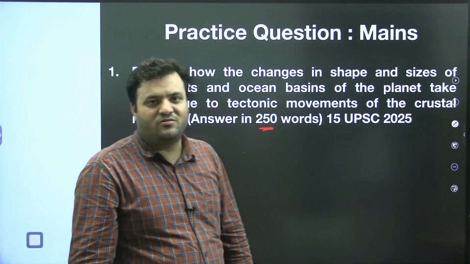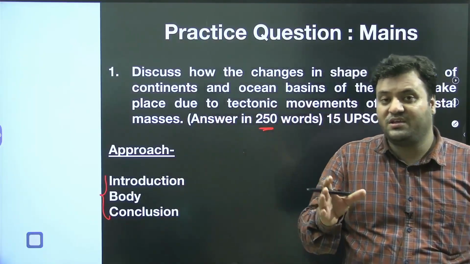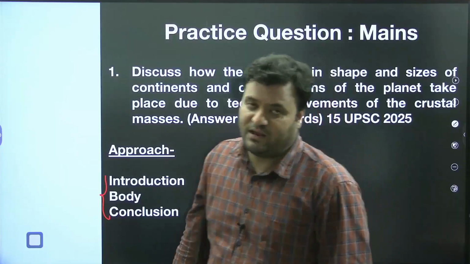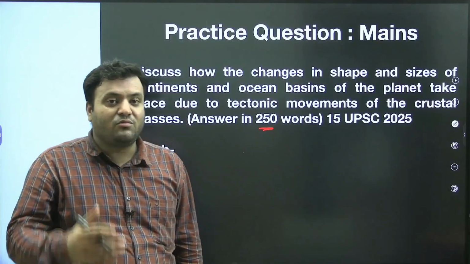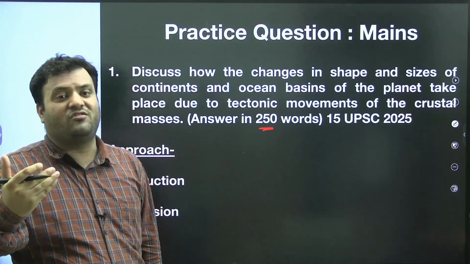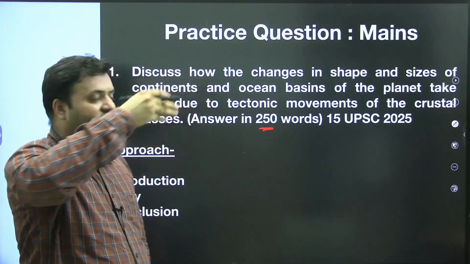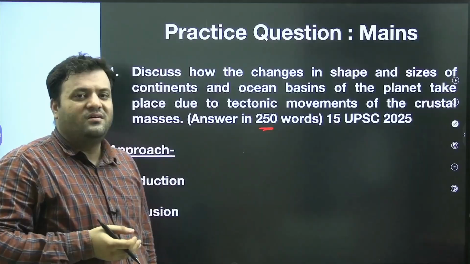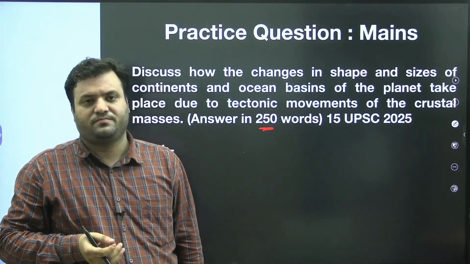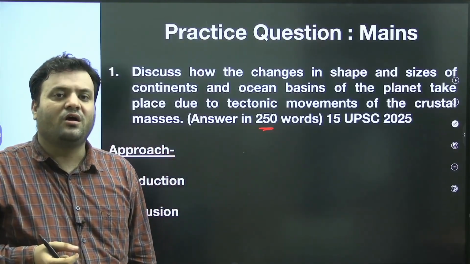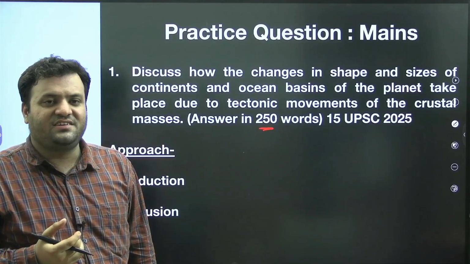How to make Holmes' theory and seafloor spreading concise? Tectonics is equally important, and you have to justify what changes are actually occurring, or what changes have taken place in terms of the shape and size of continents. That is the change in size and shape.